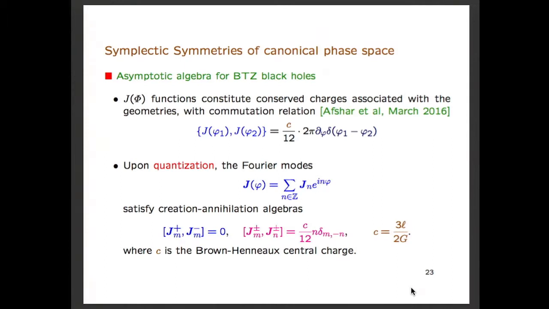So basically these two currents, these two J's, which were specifying the set of solutions that I had, would appear as symplectic charges for this class of solutions. And you can do a semi-classical quantization on these, or their Fourier modes, and get this simple harmonic oscillator algebra, where C is the Brown-Henneaux central charge. So this is a standard computation.